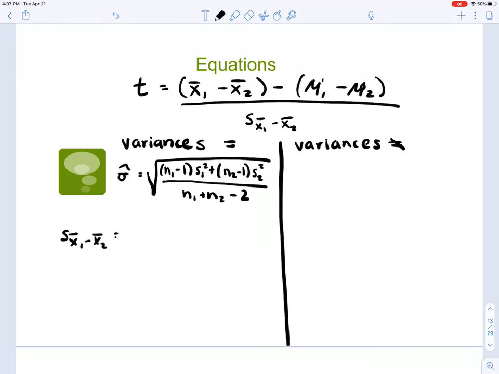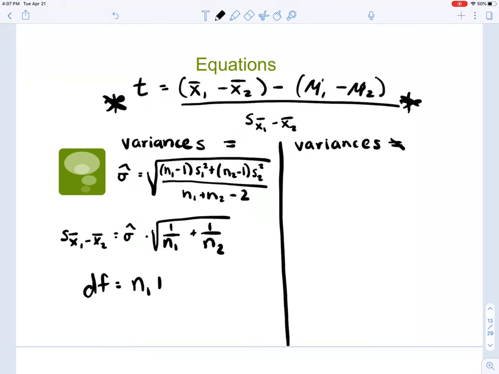So again, this is the denominator for the equation we have up top. It would be our pooled estimate times 1 over n1 plus 1 over n2. And our degree of freedom would not just be n minus 1, because we are dealing with two different n's. We would actually add up both of the n's and subtract 2.